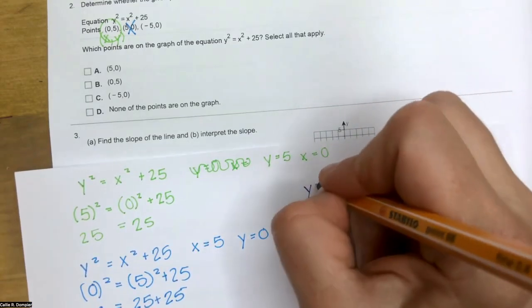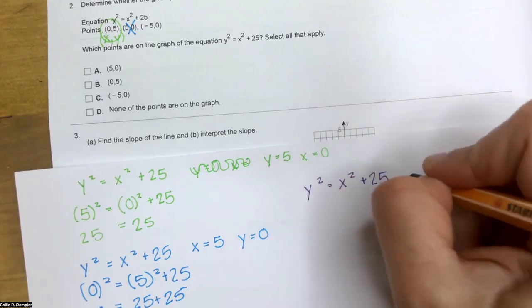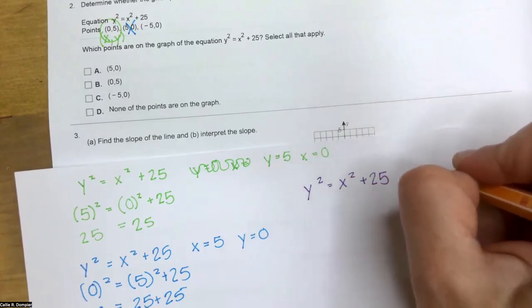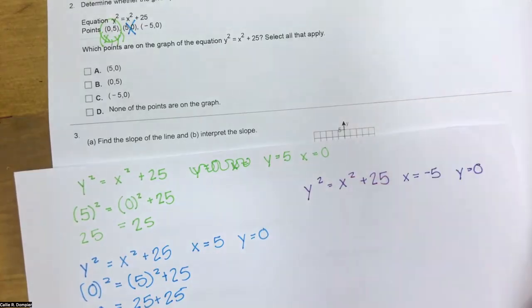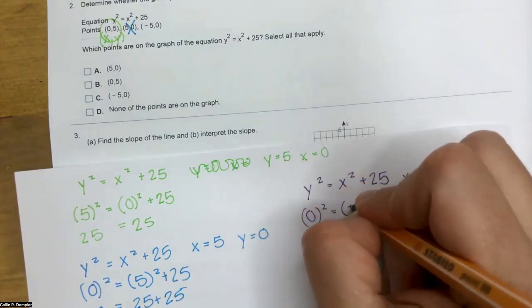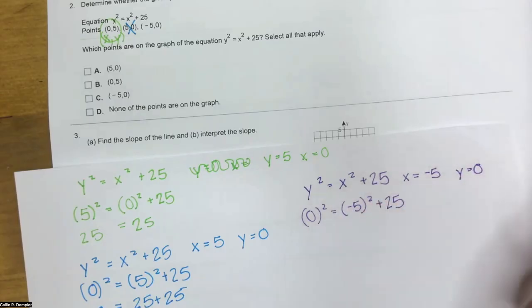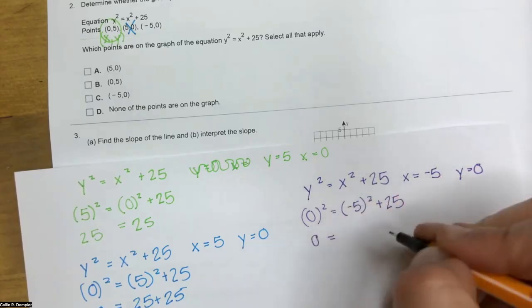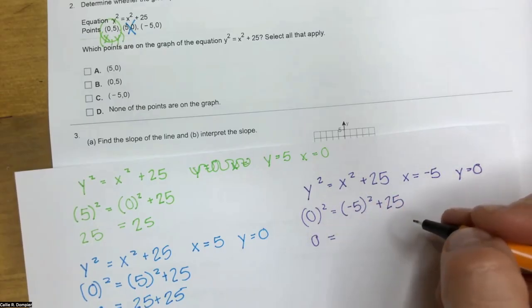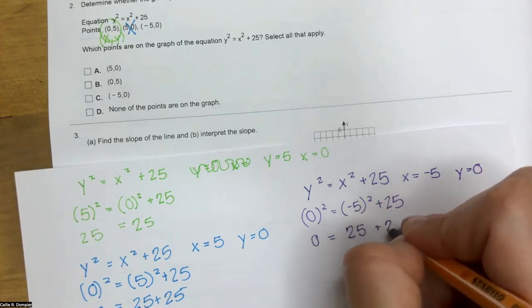Same equation, y squared equals x squared plus 25 when x equals negative 5 and y equals 0. So 0 squared equals negative 5 squared plus 25. 0 equals negative 5 squared is positive 25 plus 25.